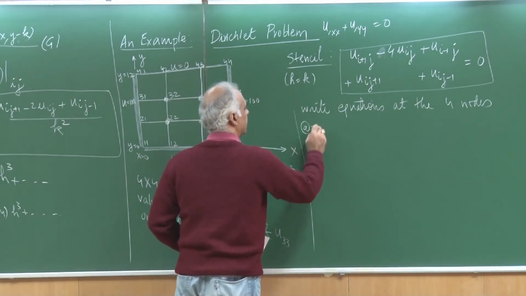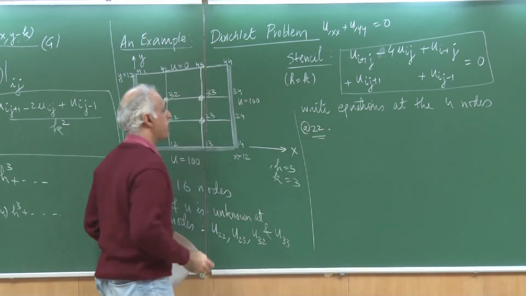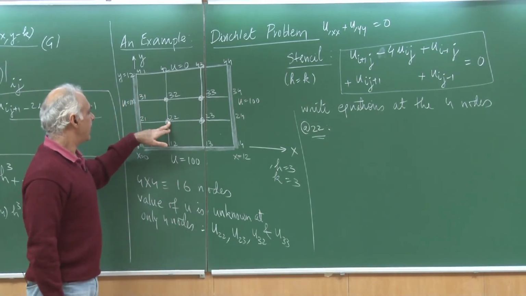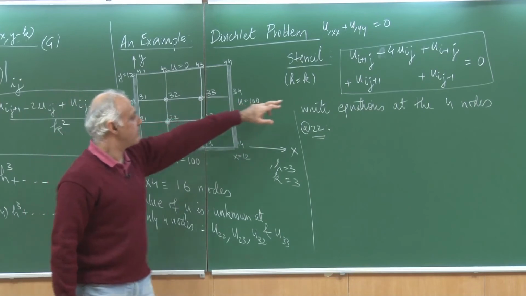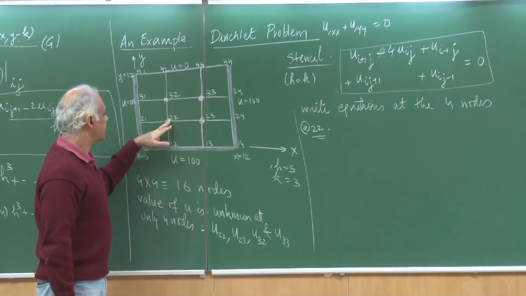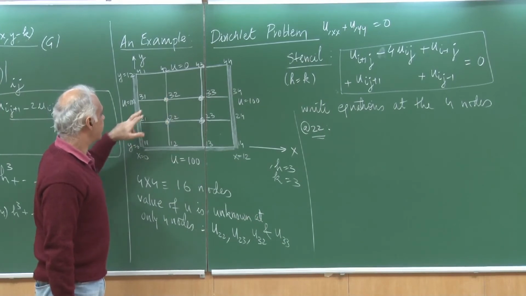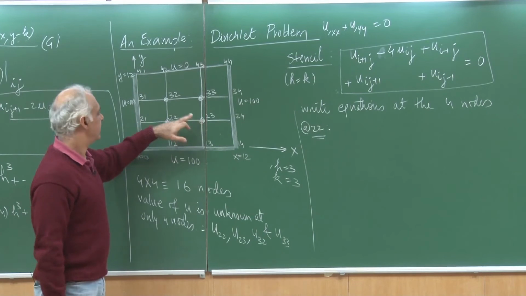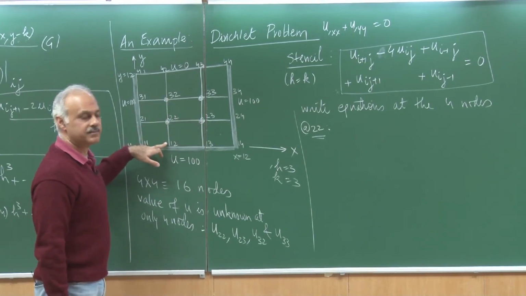At the node 2 2, if I substitute for the values in this stencil, it uses all these neighbors: to the left, to the right, top and bottom.